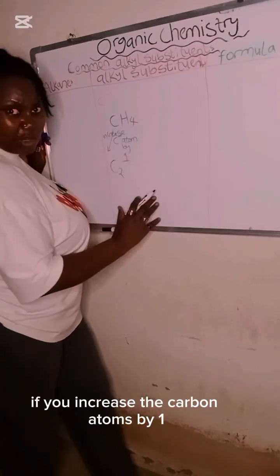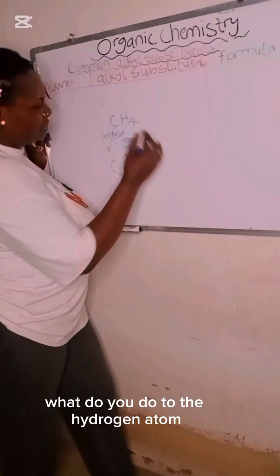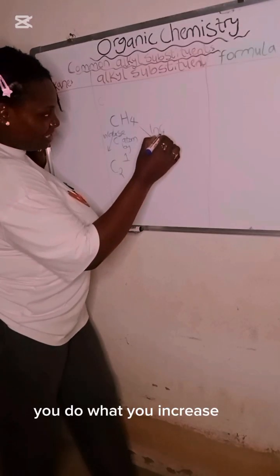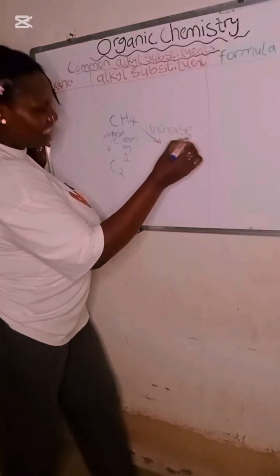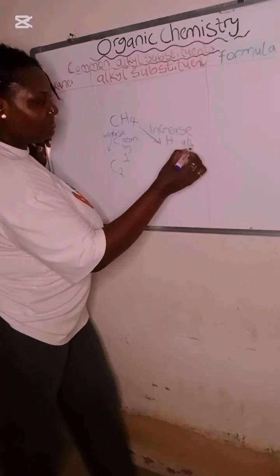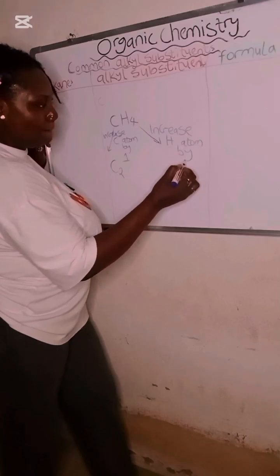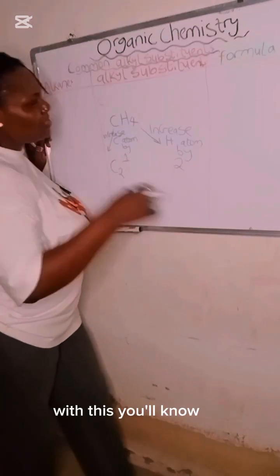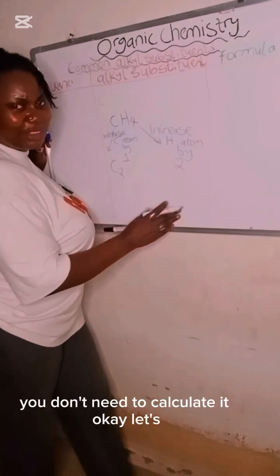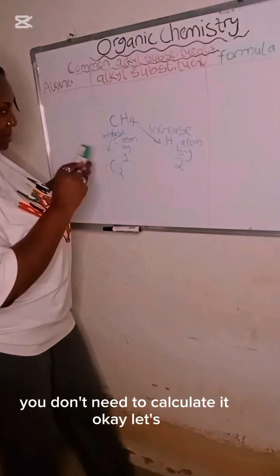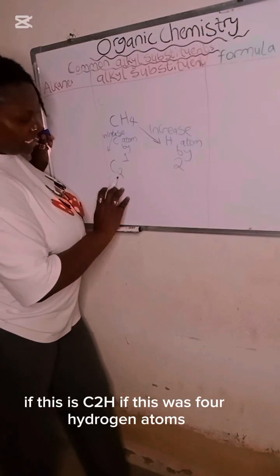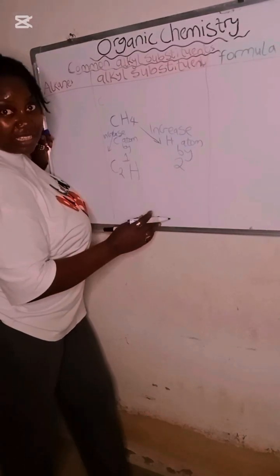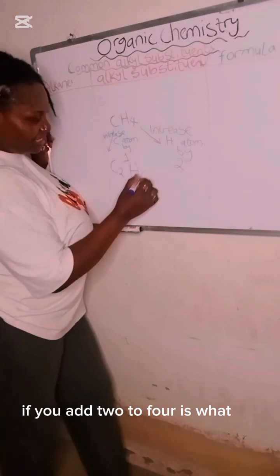If you increase the carbon atoms by 1, what do you do to the hydrogen atoms? You increase the hydrogen atoms by 2. With this, you know the structures. You don't need to calculate it. Okay, let's look at that. If this was 4 hydrogen atoms, if you add 2 to 4, what is it? 6.